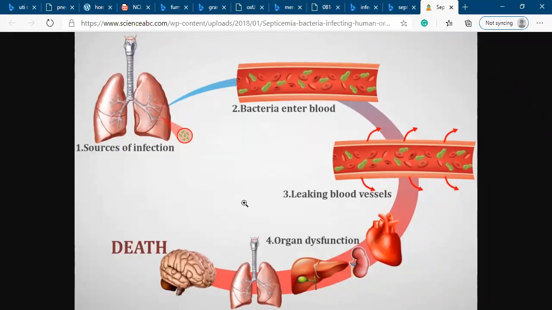If untreated, the bacterial infection spreads all over the body through the blood and causes different organ damage.